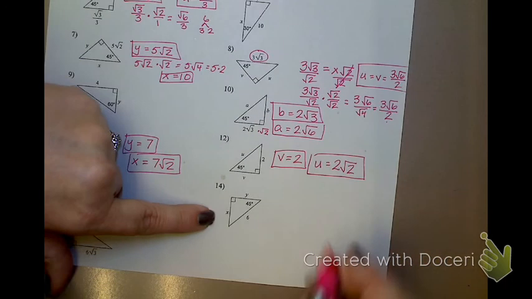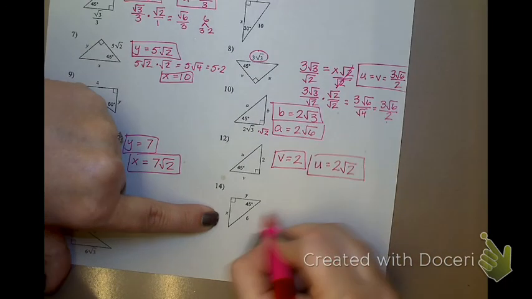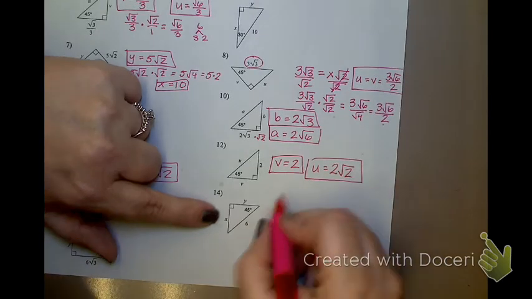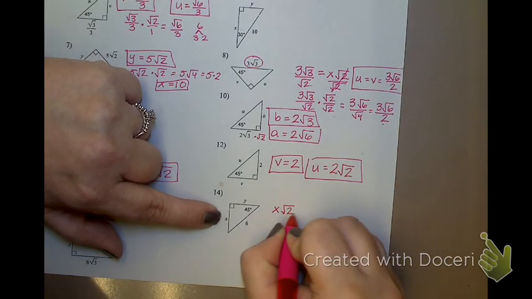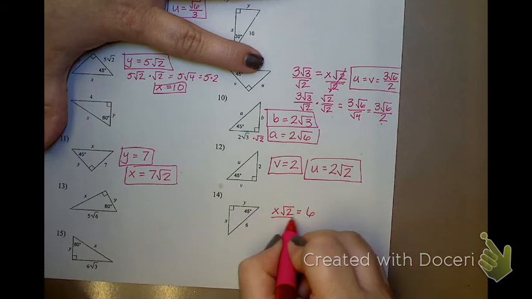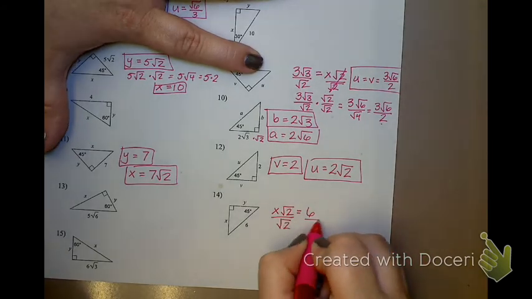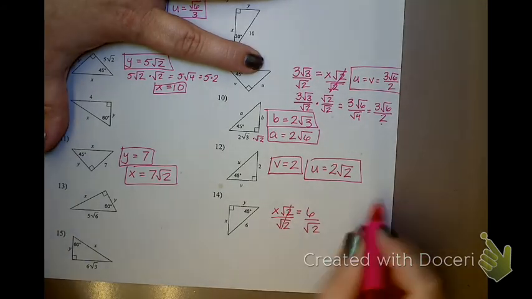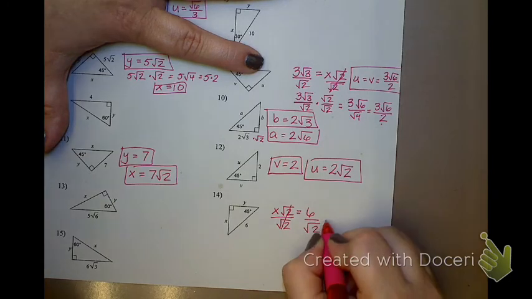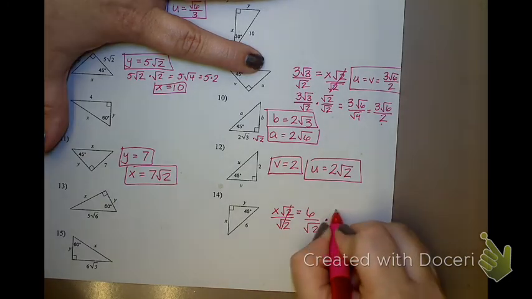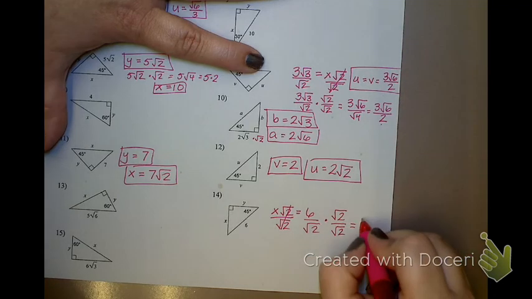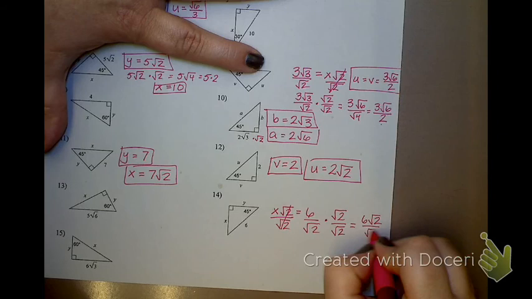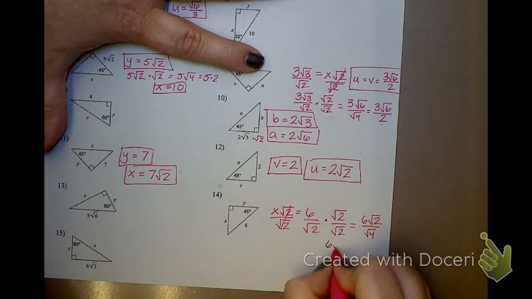And down here, again, they give me the hypotenuse, so I have to do the same thing that I did up in number 8. So x times radical 2 will equal that hypotenuse. So to get the legs, I need to divide by radical 2. And I can't leave that radical on the bottom. So I multiply by radical 2 over radical 2. And that gives me 6 radical 2 over radical 4, which is 6 radical 2 over 2.